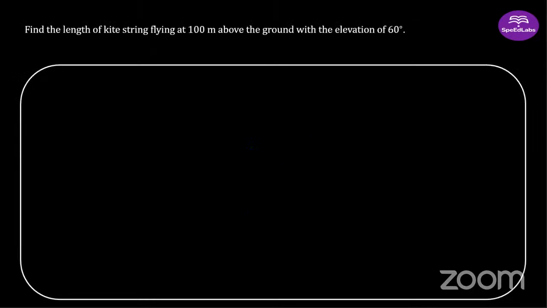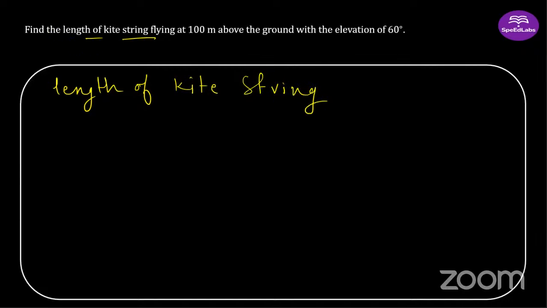Okay, so the next question. Find the length of kite string. Find the length of kite string flying at a height 100 meter above the ground. Just now you tell me what it would be. 100 meter above, I guess it's the perpendicular.